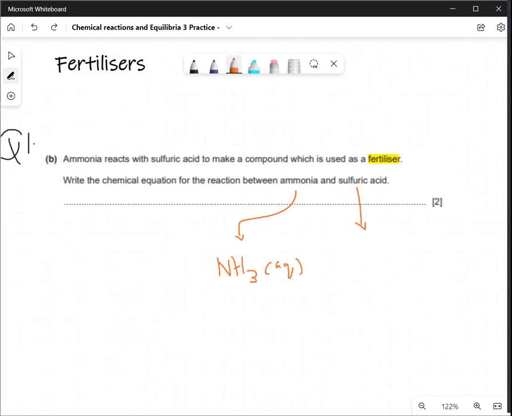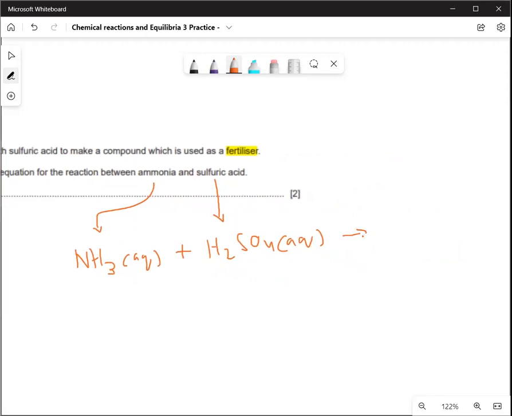Sulfuric acid is H2SO4. You need to memorize this by heart. Next, add these together. What do I get?